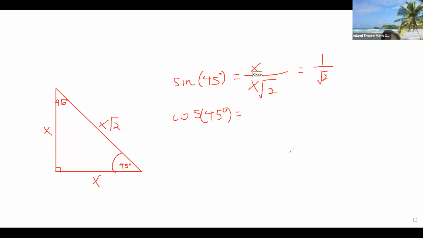Remember, adjacent over hypotenuse. Take the adjacent side length to 45 degrees and put it over the hypotenuse. Look at the sine example: sine is opposite over hypotenuse. Now we want adjacent over hypotenuse. So what is that?